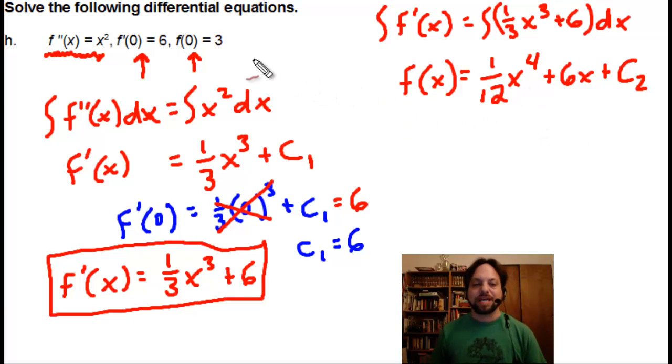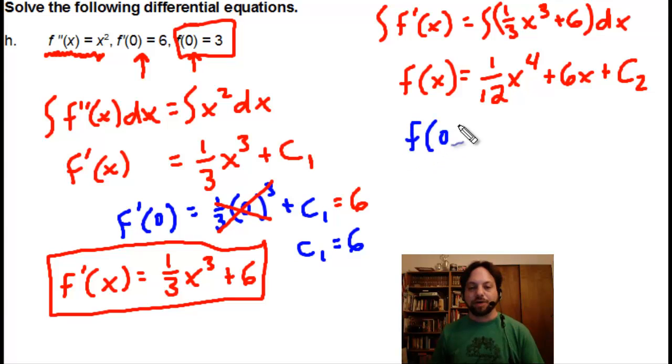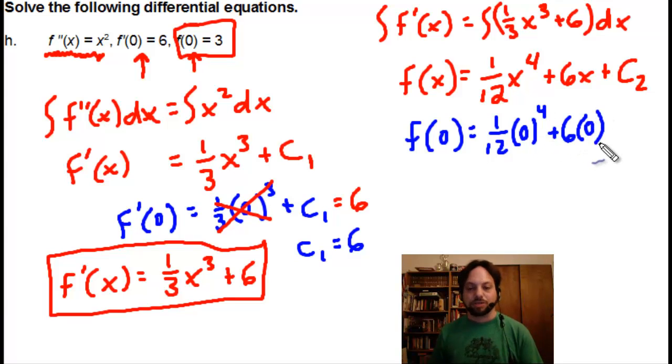Once again, I am given the initial position, that's right here. Initial position is at 3. So f of 0 is going to be 1/12 times 0 to the 4th power. Well, that's easy, I know what that's going to be. Plus 6 times 0, also pretty easy, plus c sub 2. And I know that all of that has to equal 3.